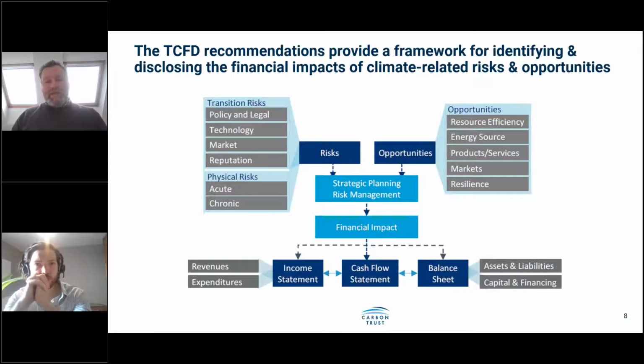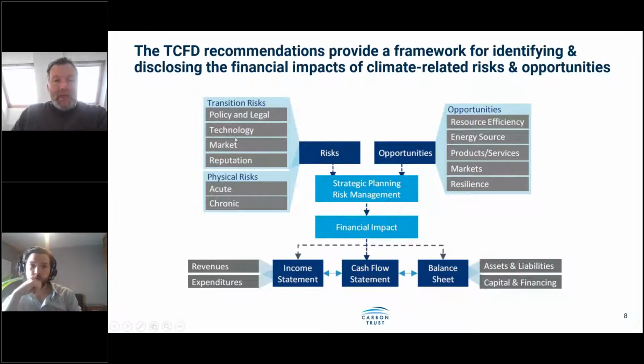So if we talk about TCFD, this is the classic chart. When the framework was first announced in 2017, this very much tried to show how an external factor, such as these climate-related transition risks and opportunities and physical risks, how those external factors can have an impact on your business, the whole value chain of your business, and how those external drivers can create an internal financial impact.